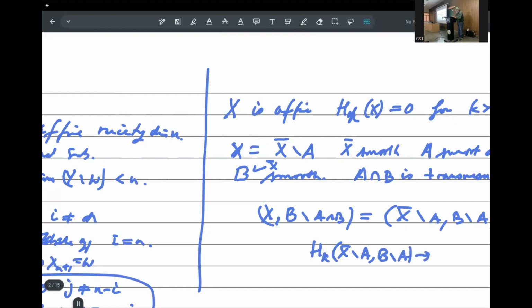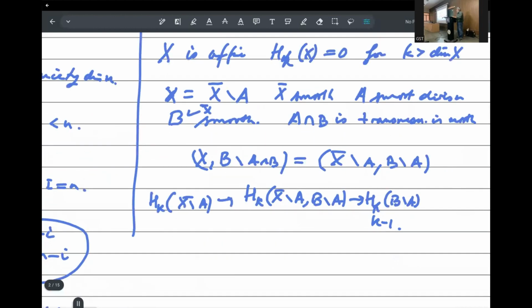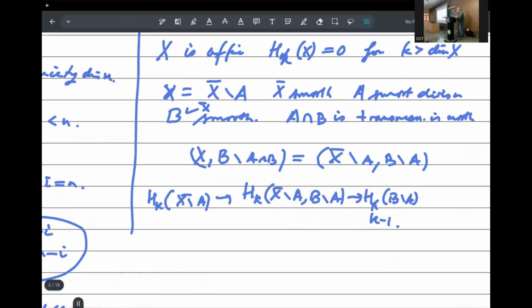Then there's a boundary map which goes to H^(k-1) of B minus A. And the previous term, so this is k, this should have been k minus 1. And then there is H^k of X bar minus A. Right? Done it correctly. Okay. So this is your long exact sequence.